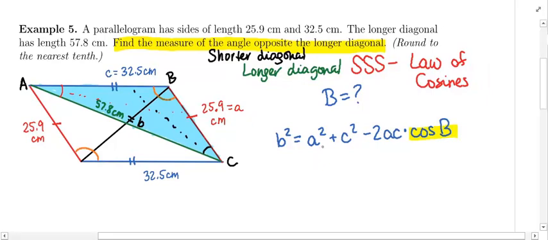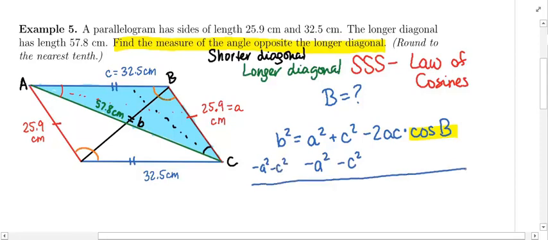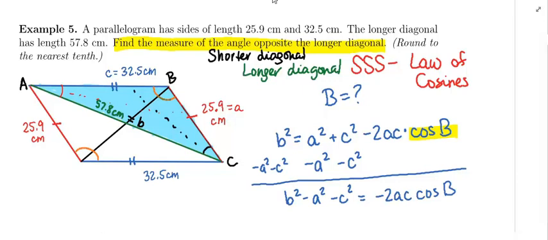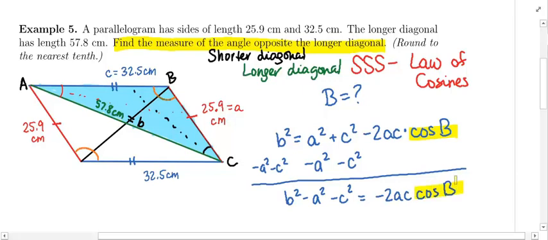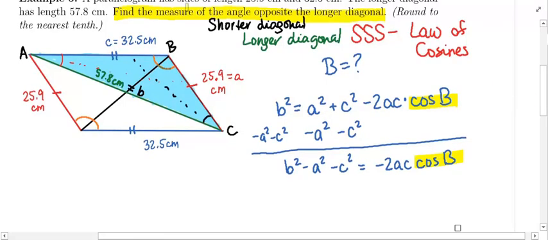I need to isolate the cosine of B, so I'm going to move the A squared over and the C squared over, subtracting these from both sides. That tells me B squared minus A squared minus C squared equals negative 2 times A times C times the cosine of B. Now cosine of B is just multiplied by negative 2 times A times C, so I can divide that quantity off.